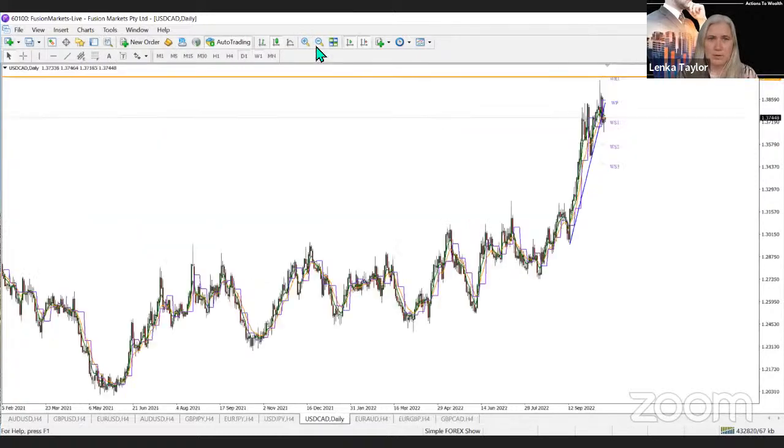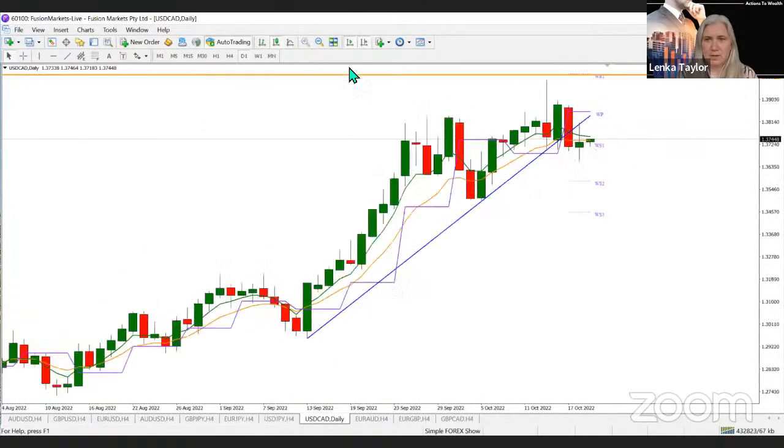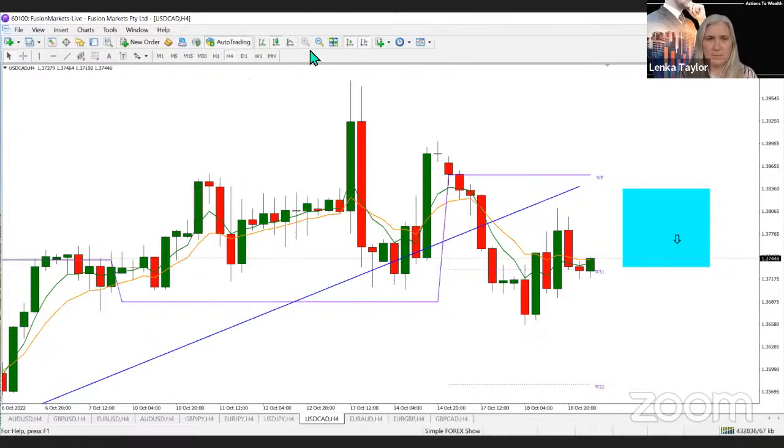So I'm looking to see if the price actually comes off that. We already had a rejection at that level, not quite as high as the 1.4, but we have come off. We had another bar that was reasonably strong in the downward direction.